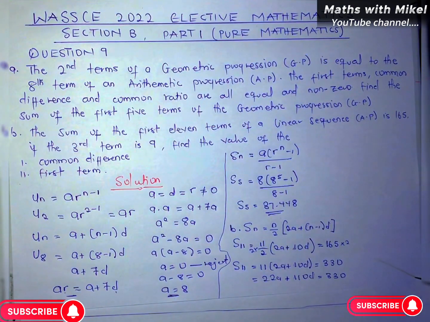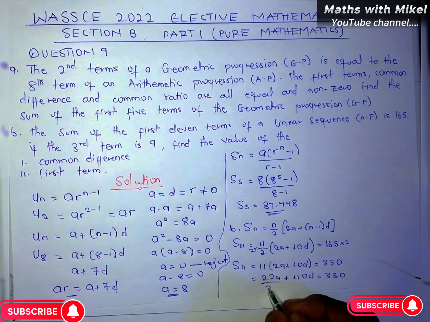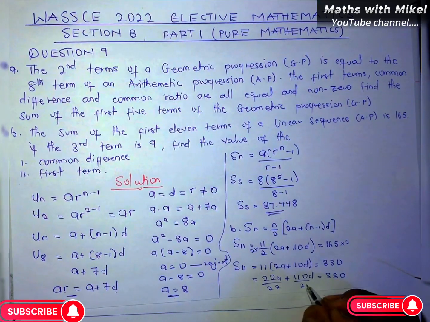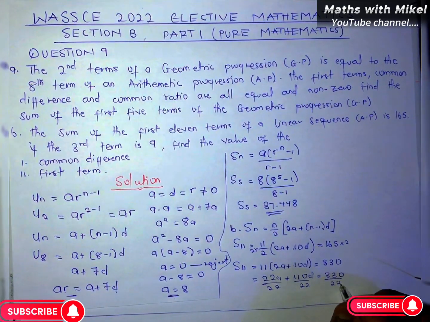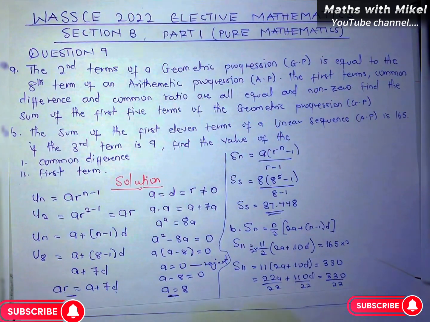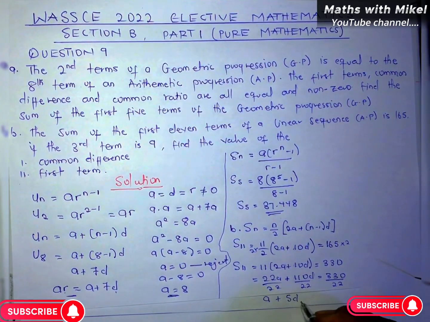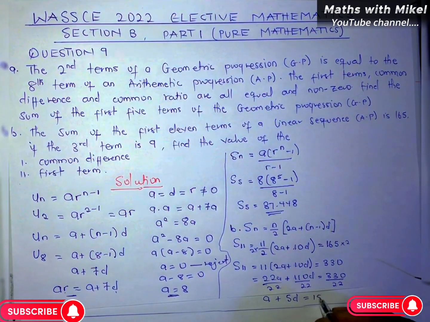From here, I can decide to divide through by 22. And I'm going to get a plus 5d is equal to 15. And this is equation 1.